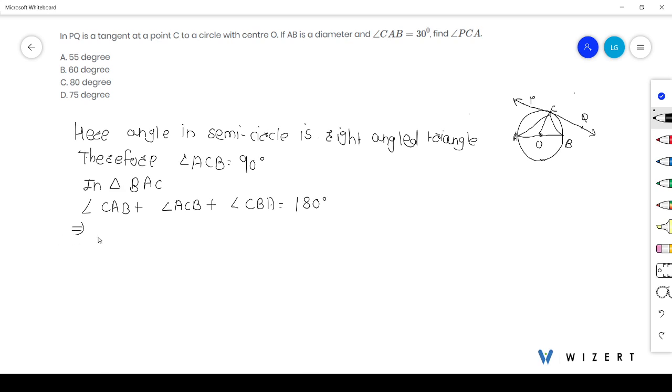Here we have given angle CAB is 30 degrees. Angle ACB is a right angle, so it is 90 degrees, plus angle CBA equals 180 degrees.